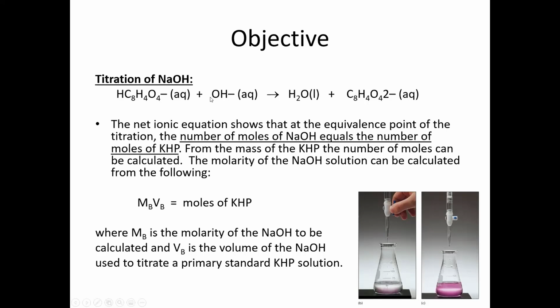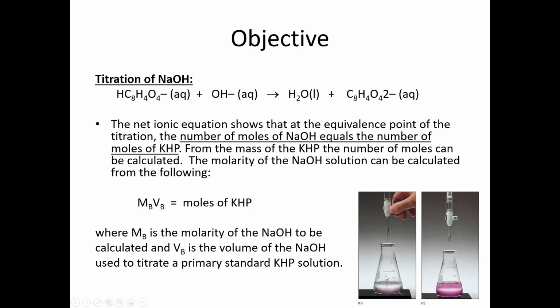And the moles of sodium hydroxide also equal the molarity of sodium hydroxide times the volume of sodium hydroxide. So in this process, we need to know the exact volume of sodium hydroxide.